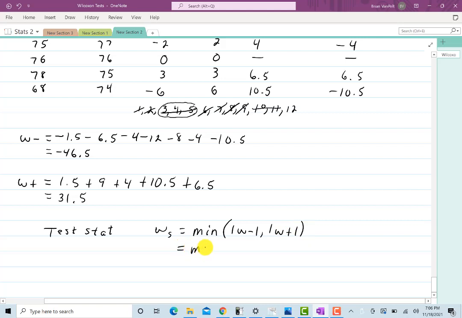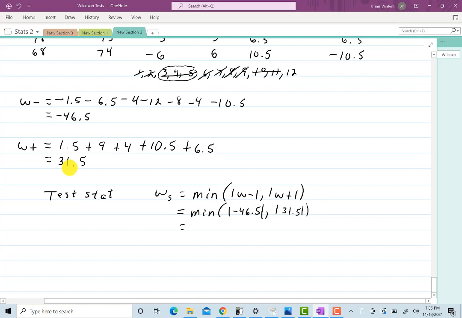So that will be the minimum of the absolute value of negative 46.5 or the absolute value of 31.5. Take those absolute values, and we're going to look at the minimum of 46.5 versus 31.5. The smaller one is 31.5. So that there is my test statistic.